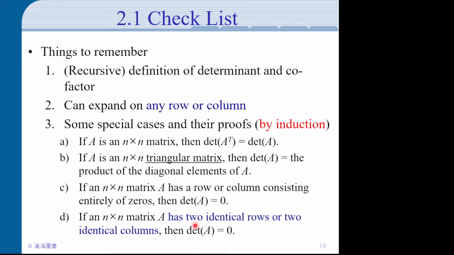If you have two same rows, you can just add a -1 of one row to another row, then you get a row of zeros, and the determinant of a row of zeros is 0. That checks consistency. If you have same columns, you can do the transpose first to get same rows, and same rows give you 0.